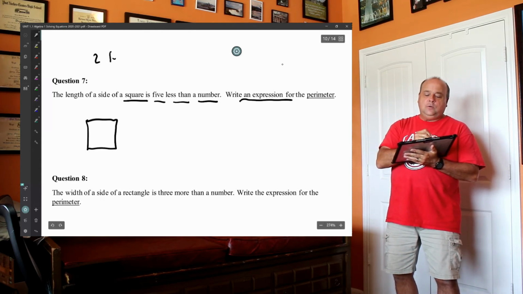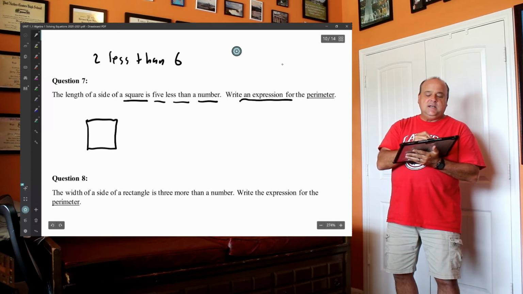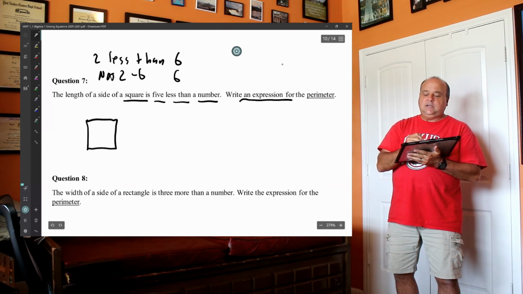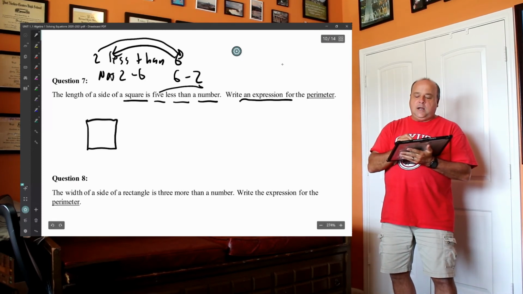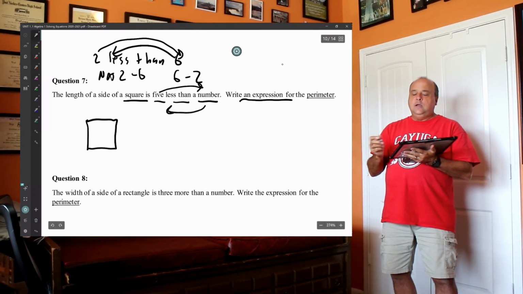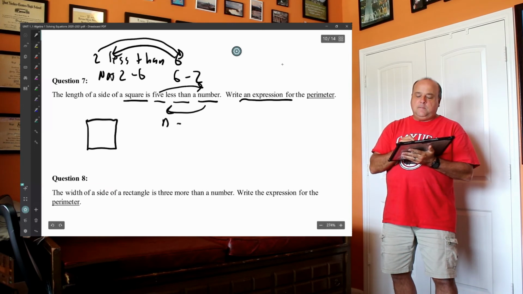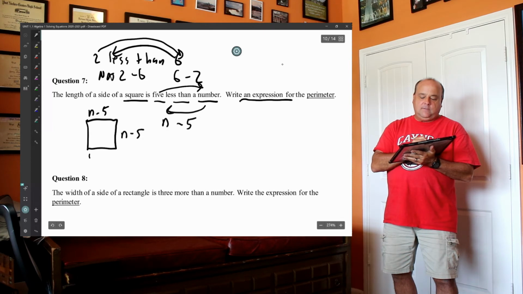If I have 2 less than 6, that is not 2 minus 6, is it? It's 6 minus 2. So if you have less than, it's important that you switch them. Okay, so right here, I'm going to switch this, aren't I? So this will turn into n minus 5. And each edge will be n minus 5.